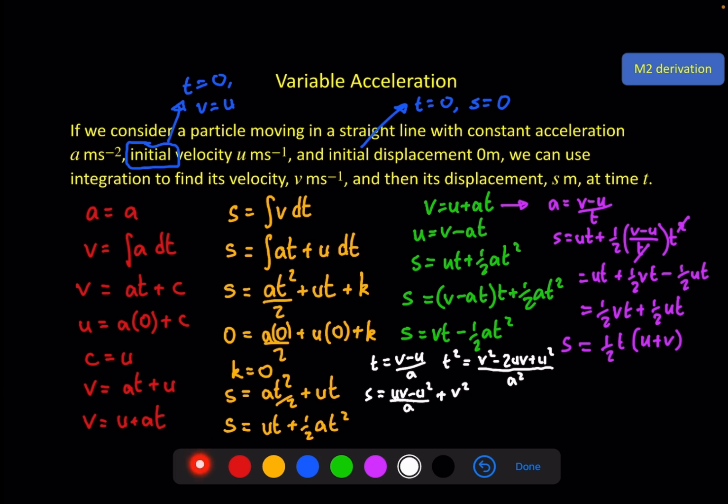So we get a v squared minus 2uv plus u squared all over 2a. Now if we multiply everything by 2a to get rid of this fraction, we get a 2 coming up here, and a 2a over here.